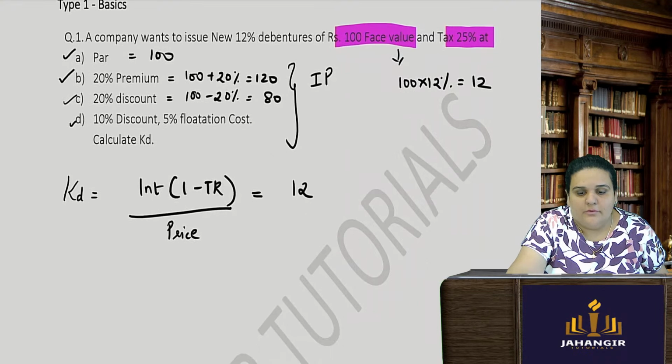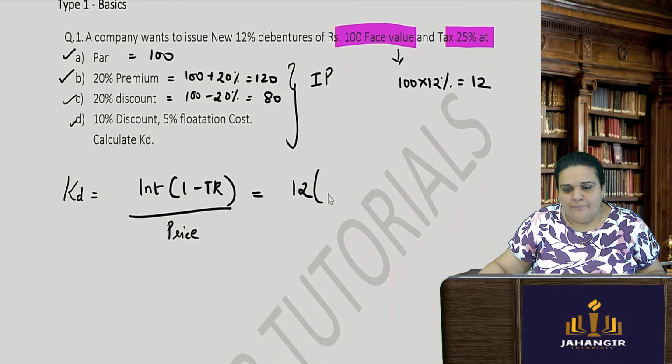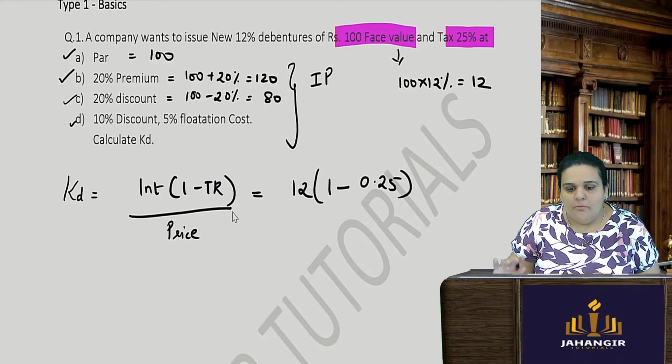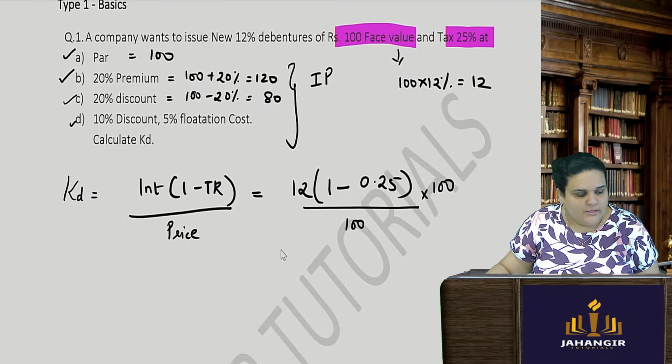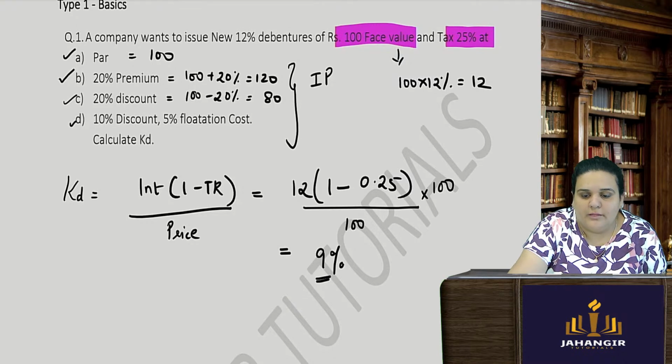Then 1 minus tax rate; tax rate is 25%, so I write 0.25. For the first one the price is at par, so it is upon 100, into 100. When you calculate this, it comes to 9%.